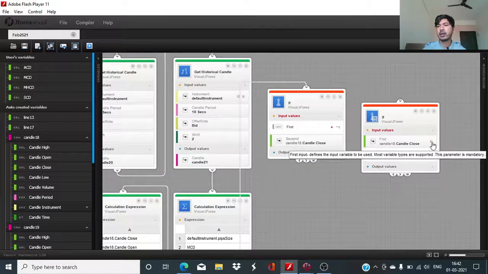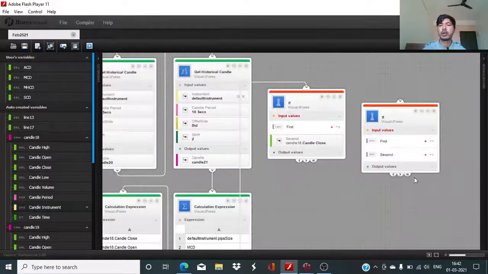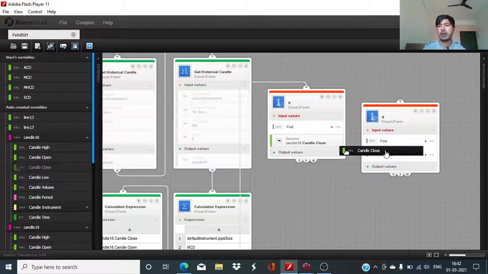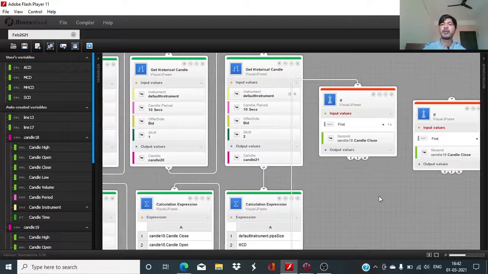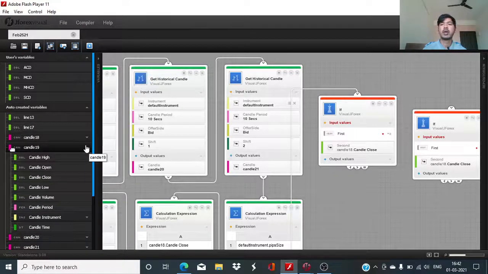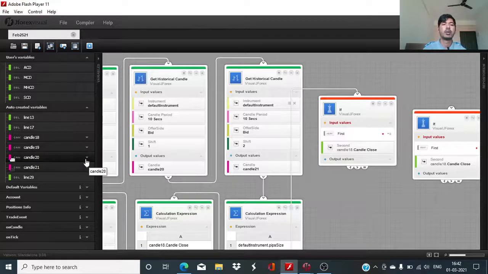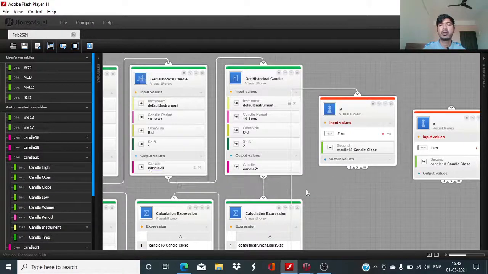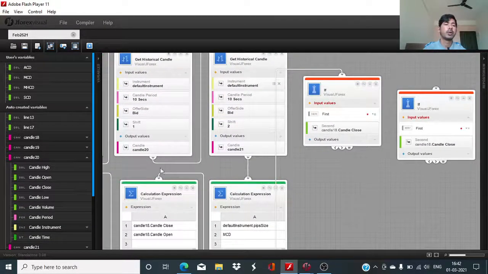To make it easier to understand, I will put candle 18 in the second variable only. Now candle 21 has shift value of 2.